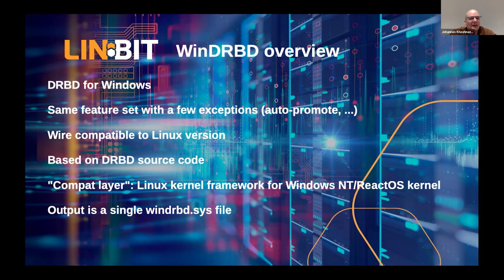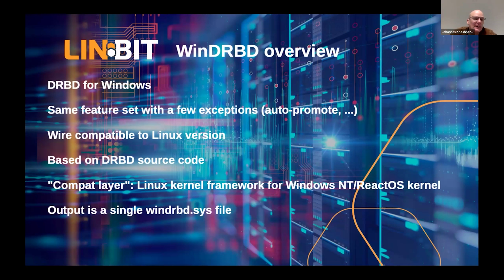WinDRBD itself is kind of a compatibility layer, or let's say a kernel framework, which maps Linux kernel APIs needed by DRBD to Windows API functions. I'll give you a very simple example.